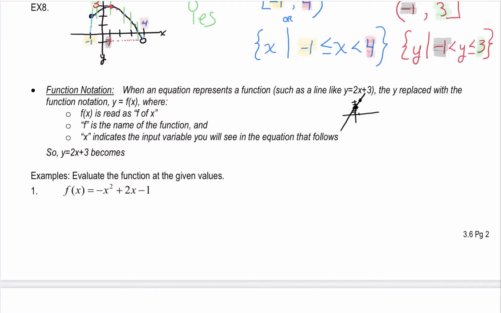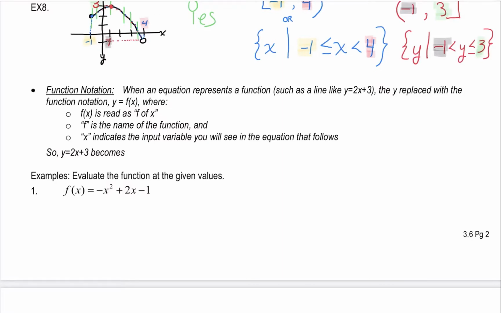So this is your graph of your line, and you know that a line would certainly pass the vertical line test. So we know that equation represents a line, we know that line passes the vertical line test, there's no repeated x's. So it's a function.